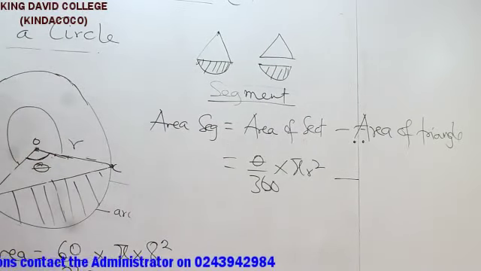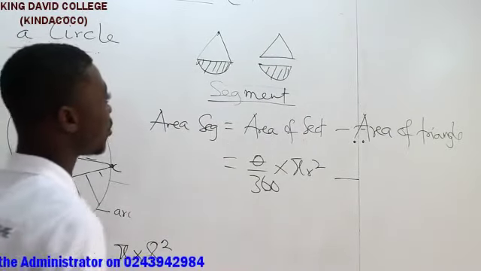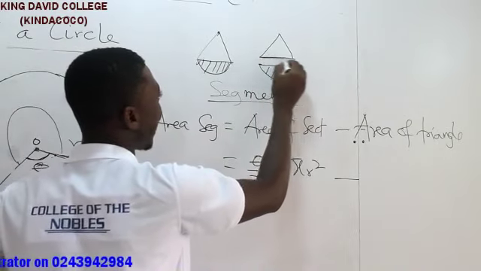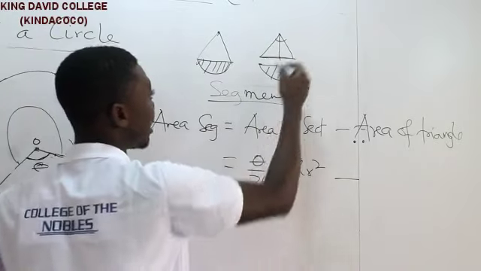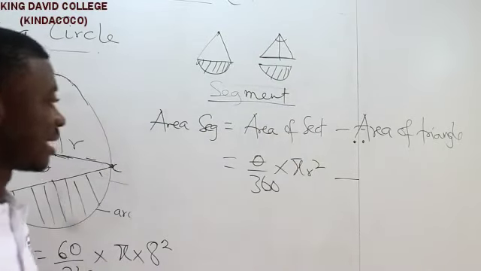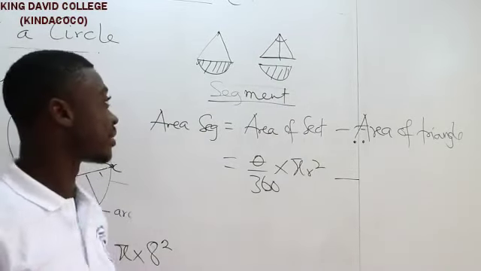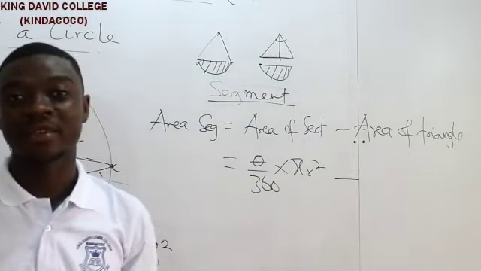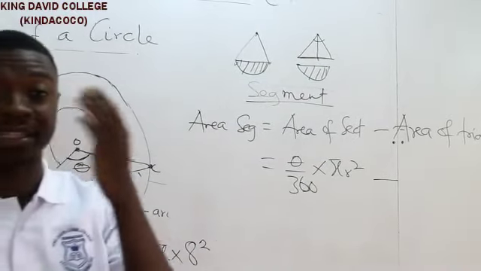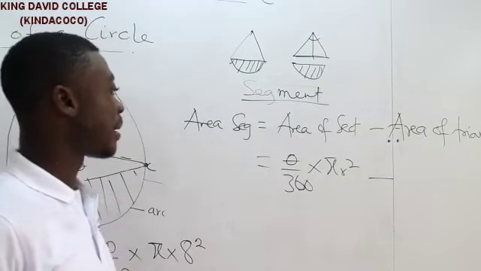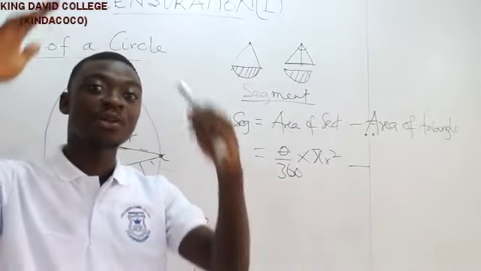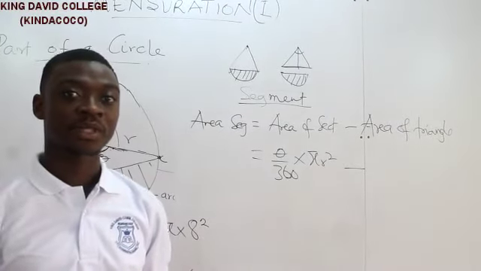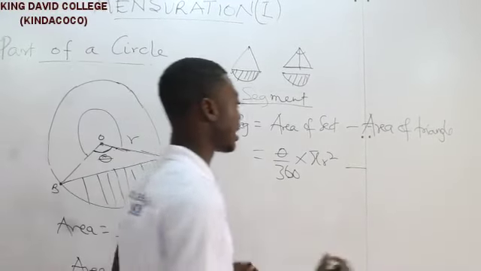Now there are two ways you can approach this. Either you find this side using the shape here, divide it into two, and use trigonometry to find the area of that particular triangle. But why do you stress yourself? After you do that, all of it will be reduced to what?